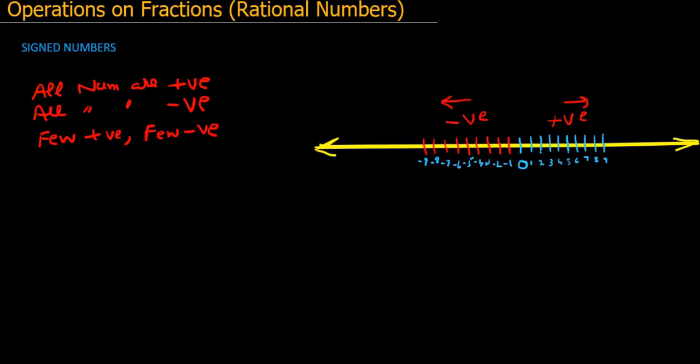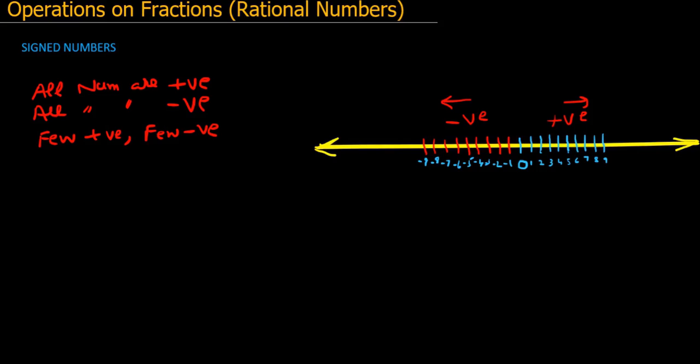So my focus is very direct, without any extra information. We are just focusing on how to handle these numbers where some numbers are positive, some are negative, all are negative, or all are positive.